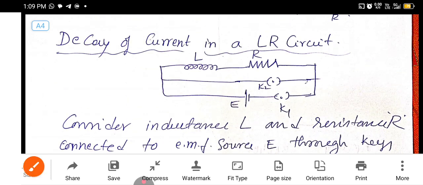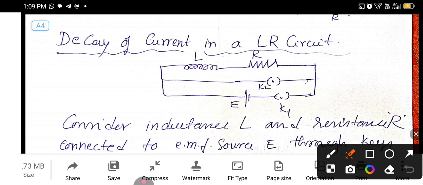Consider an inductance and a resistance connected to the battery through the key K1. Then the key K2 is connected for the decay purpose.